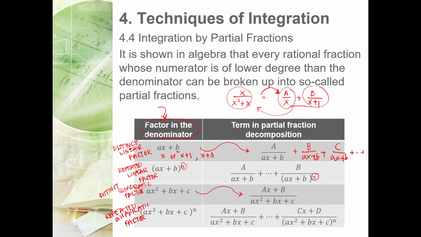So what we need to do here is solve for the unknowns here: A, then A, B, then A, B, and here A, B, C, and D. So we're going to have techniques on how to solve those unknowns.